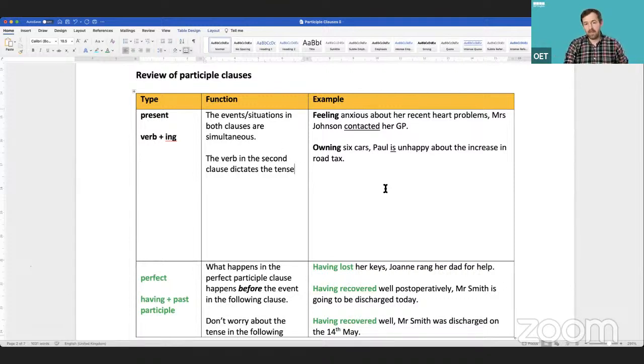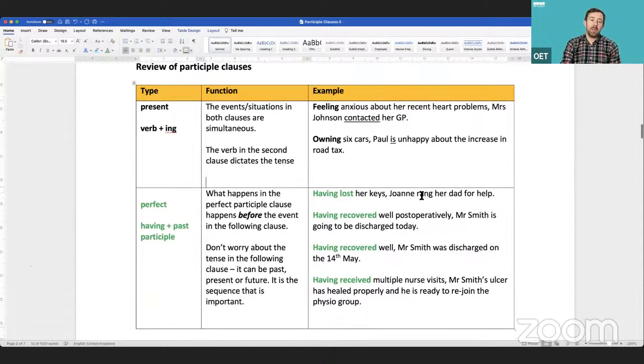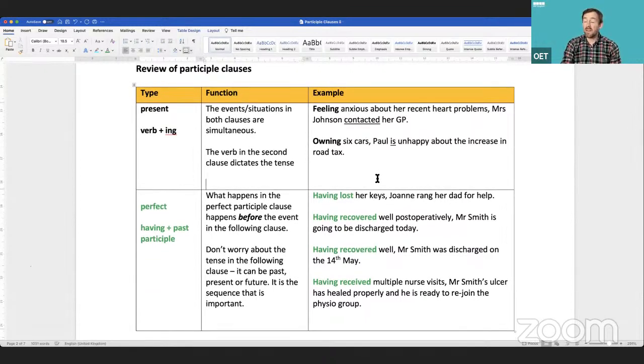Now, I don't like that. I don't like the present participle. But there are some times that it can be useful in OET. I just always find a different solution for it. It feels confusing. It feels unnatural to me.